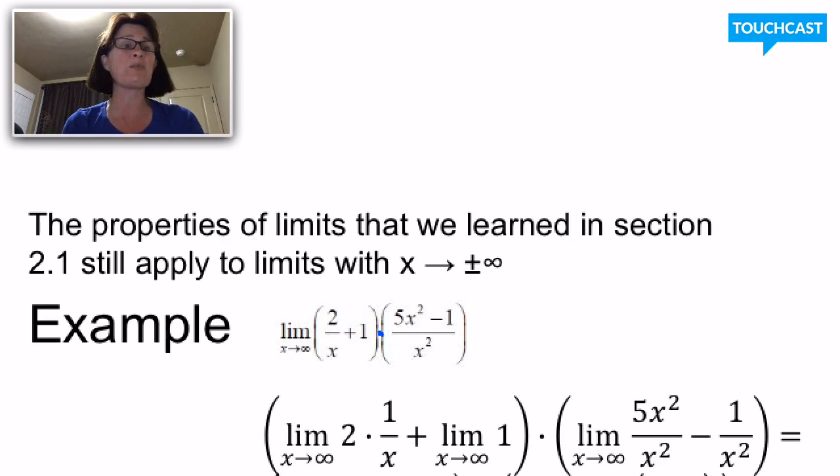I'm going to rewrite this as the product of those two limits, and expand as I go using the same rules: the limit of a sum is the sum of the limits, and the limit of a product is the product of the two limits.